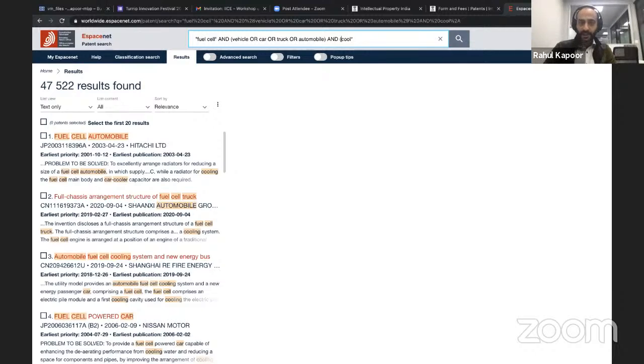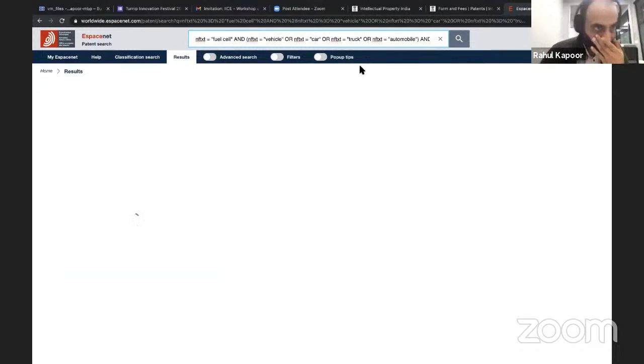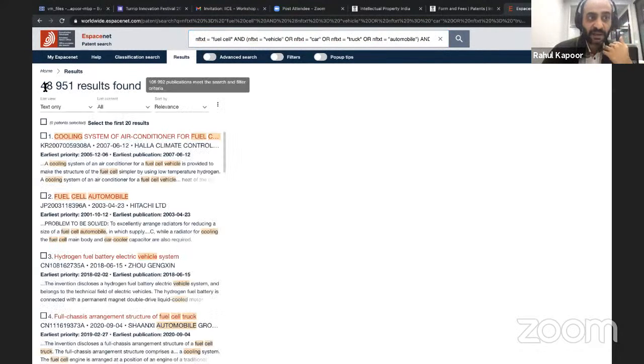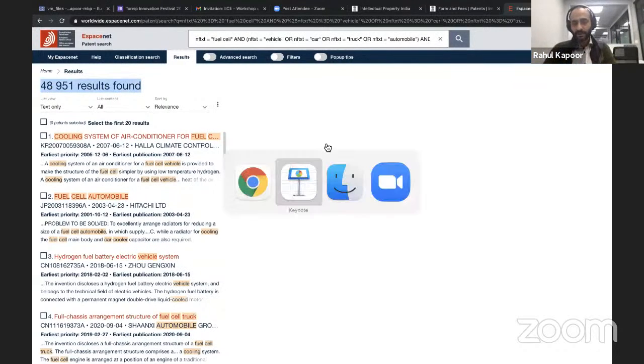So yes, you can probably add some keywords like heat transfer. Maybe this works. And yeah, you can see it increased by 1,000 more. And that's about the concept that I'm trying to explain here.